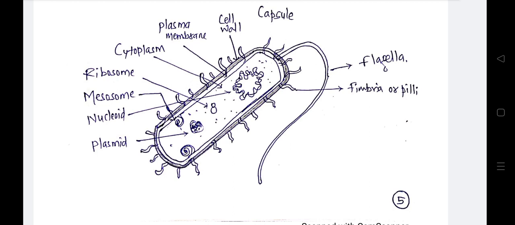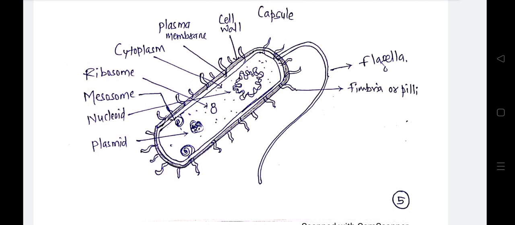If both poles have a flagellum, it is called amphitrichous. If a tuft of flagella is present at one pole, it is called cephalotrichous, and if many flagella are present at both ends, it is called lophotrichous. If flagella are not present, the bacteria are called atrichous.